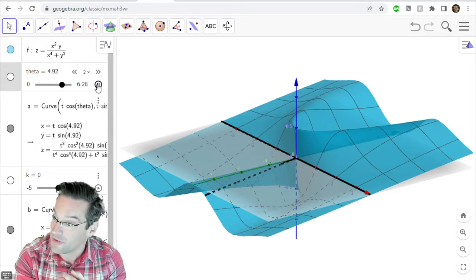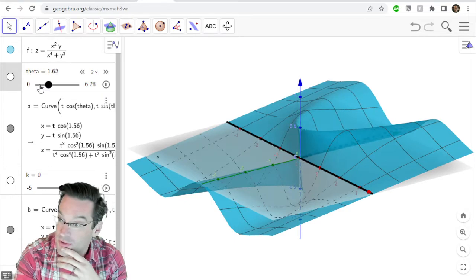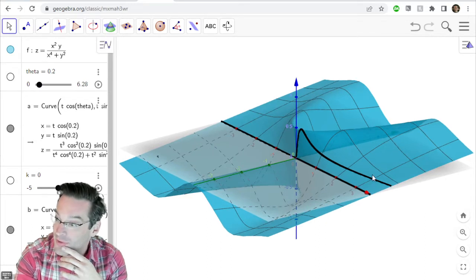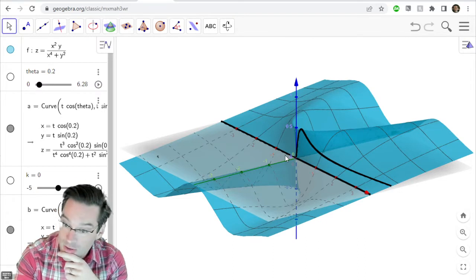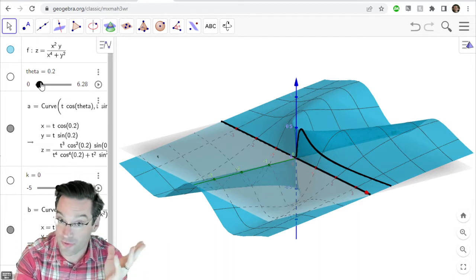Because we're always attached there to the origin, even though some of these approaches, if I just pause this for a second, look like as we're getting close to the origin, they ramp way up, but then they eventually just come right back down to 0. So as you approach the origin along those linear paths, it looks like you're always going towards 0 in the z value.